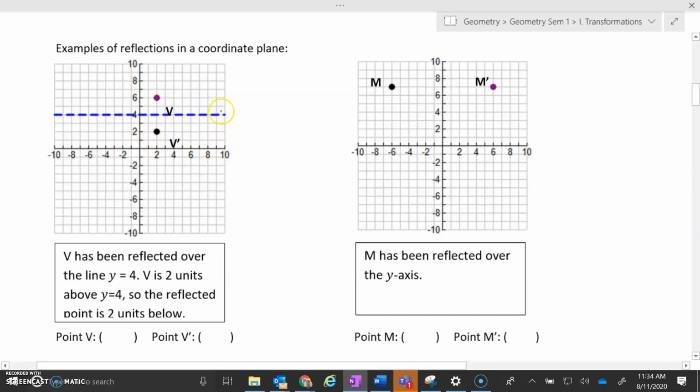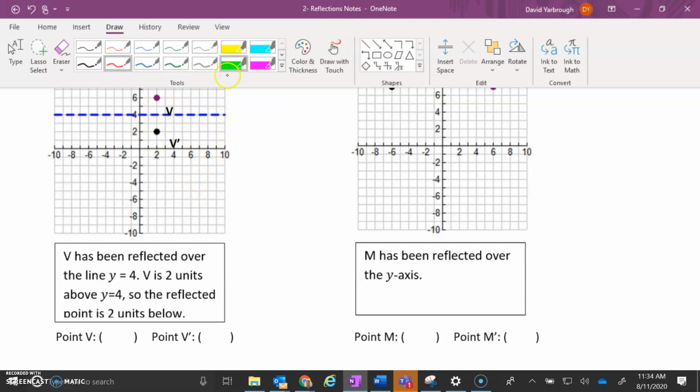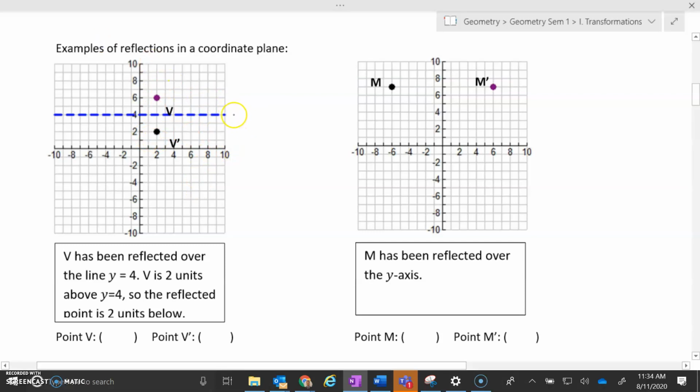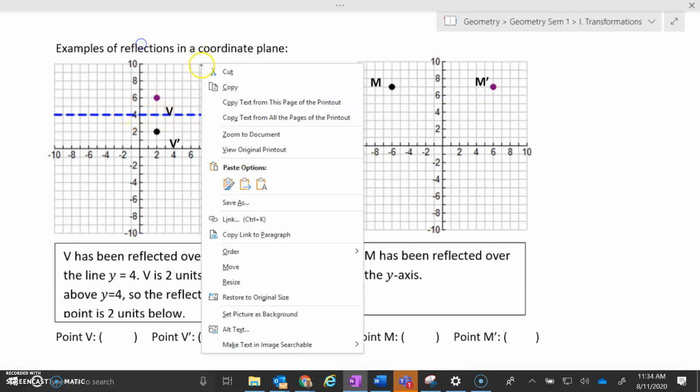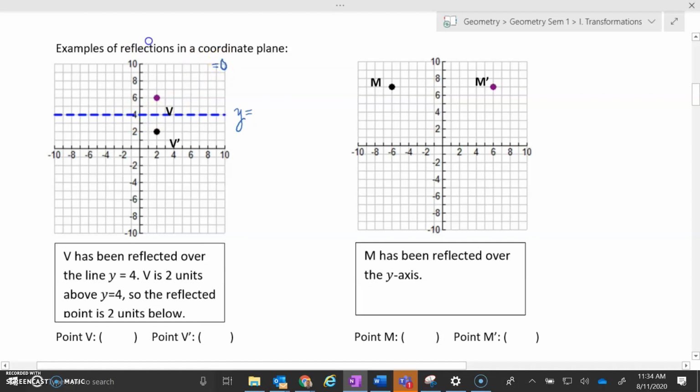Well, let's take a look at this dashed line. What is the equation of this dashed line? Does it have a slope? It has a slope, but the slope is 0 because it doesn't rise any at all. What about the intercept?